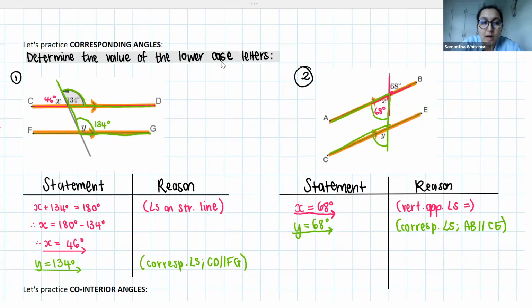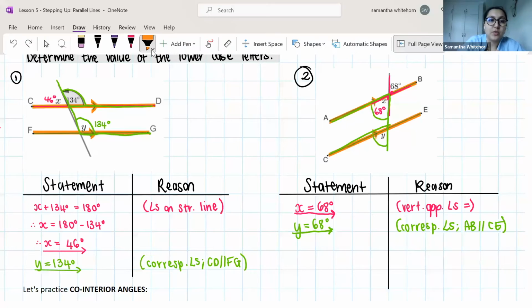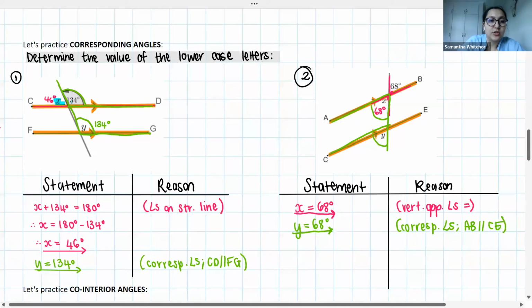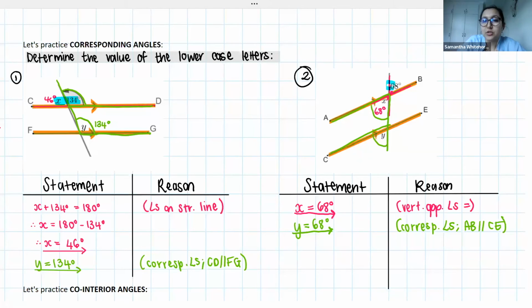So in question 1, they're not opposite each other. X and 134 are not opposite each other. They're adjacent, next to each other. So look very carefully at how question 1 is different to question 2. Here, X and 134 are right next to each other on the line, versus in question 2, 68 is opposite X at the cross.